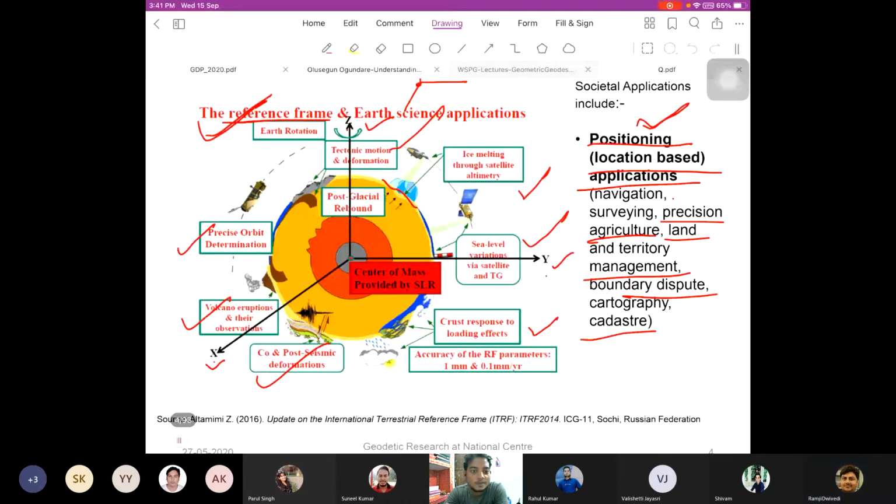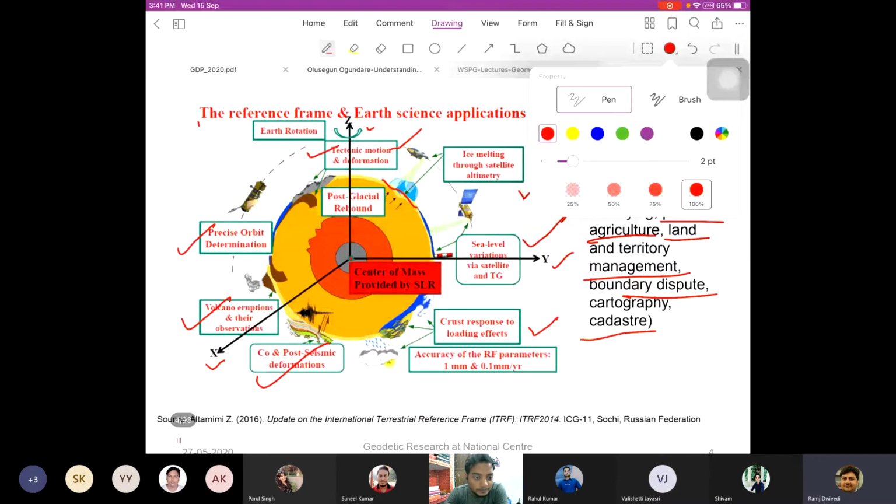That means for any type of application written in the periphery of this planet, be it earth rotation, tectonic motion and deformation, ice melting through satellite altimetry, sea level variation, crust response to loading effects, co- and post-seismic deformation, volcano eruption, everything, it has a primary base, a foundation, in the reference frame.